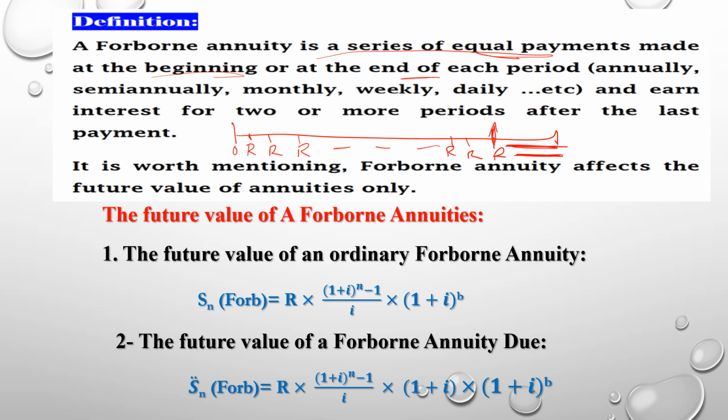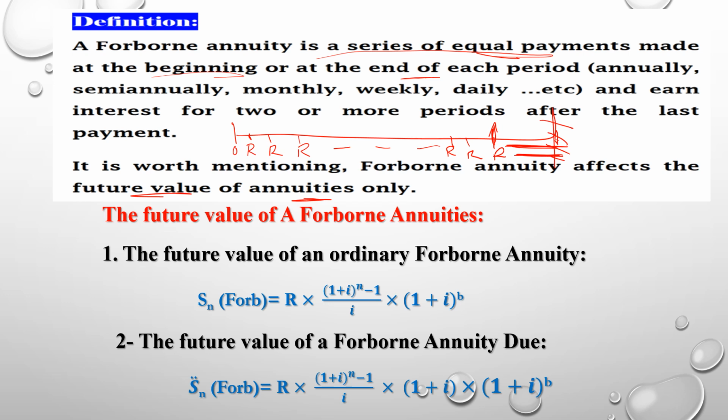So the last payment lasts for a period and earns interest, and we want to know the future value at the end of these periods. So the forborne annuities affect the future value of the annuities only, not the present value.